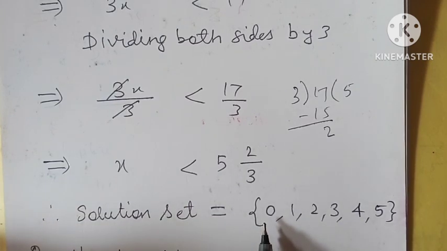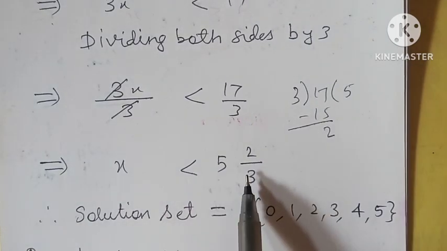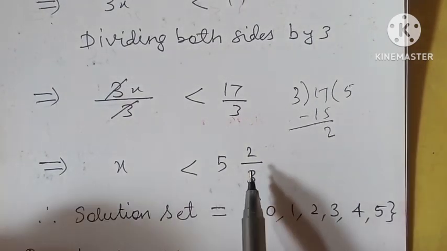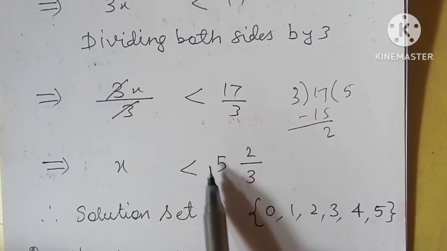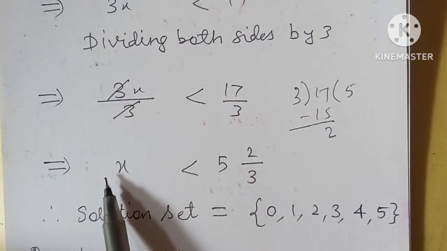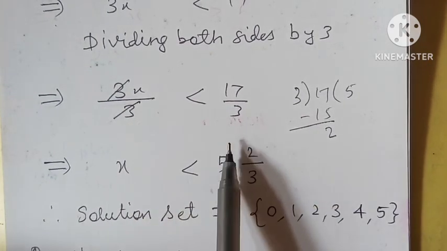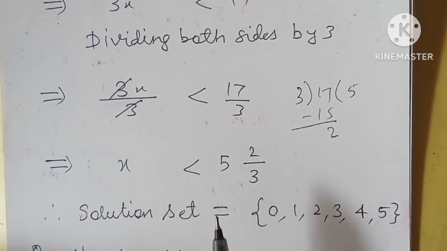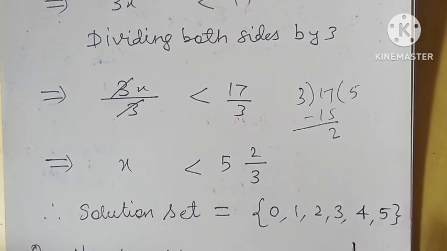Whole numbers start from 0, so we should write it, and 5 is less than this value. x is a value less than 5 and 2 by 3. So this is the solution set.